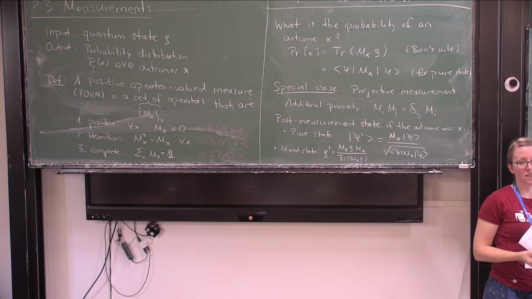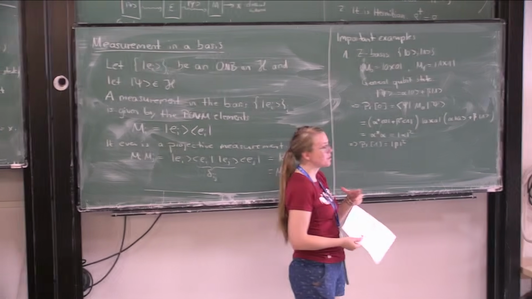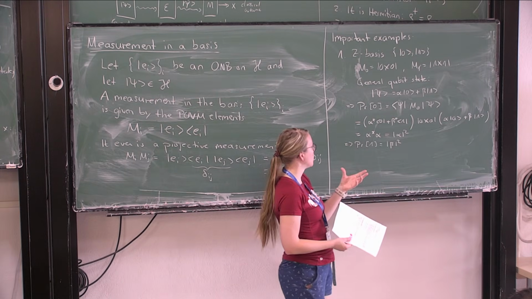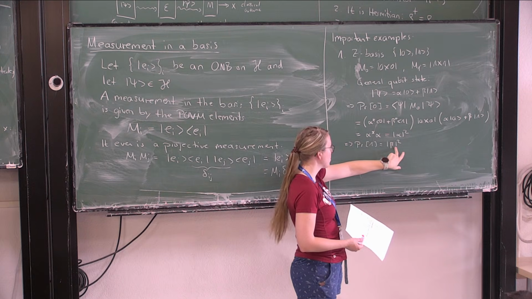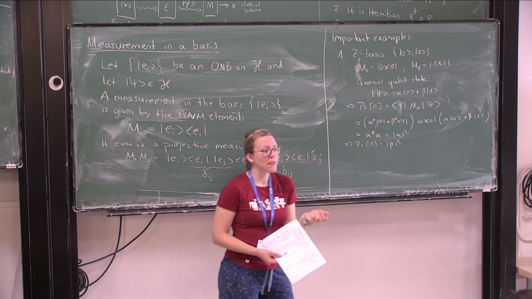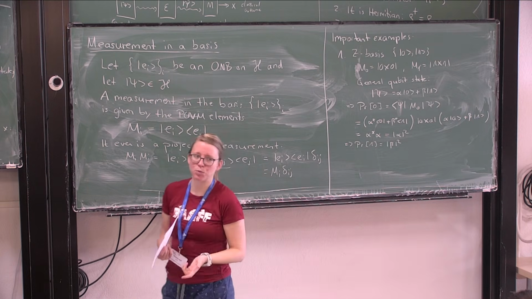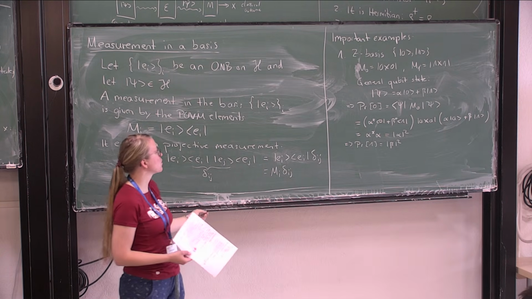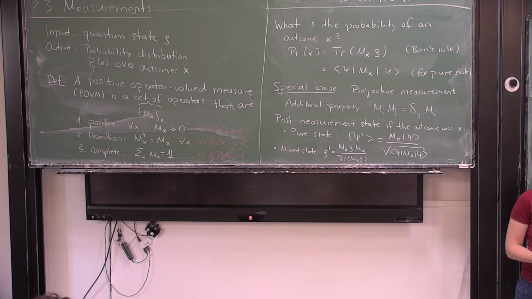And now it also makes sense that we're interested in normalized vectors in the Hilbert space, because the normalization was that the absolute value of alpha squared plus the absolute value of beta squared equals 1, which means that these probabilities for different outcomes sum up to 1, so they give a proper probability distribution. If we had states that are not normalized, then these outcome probabilities will not give you a proper probability distribution.